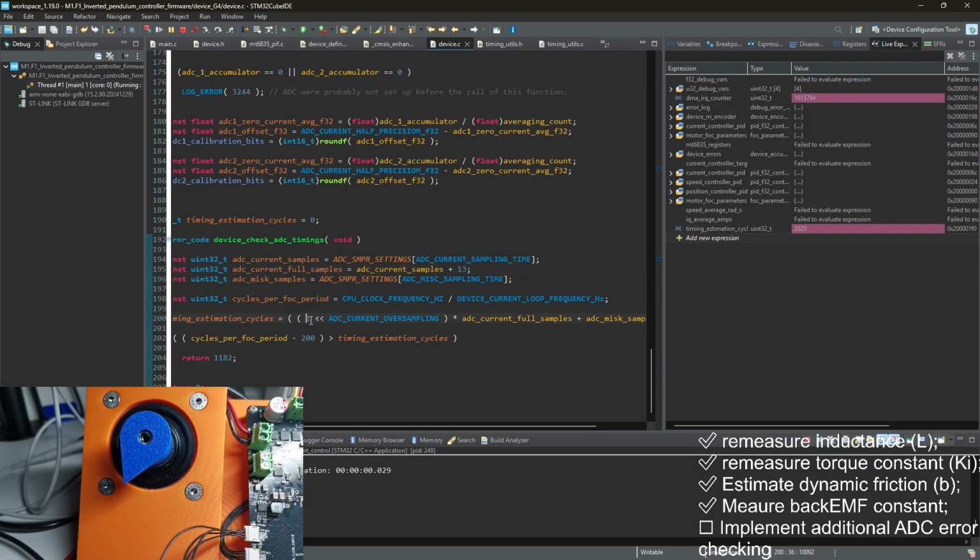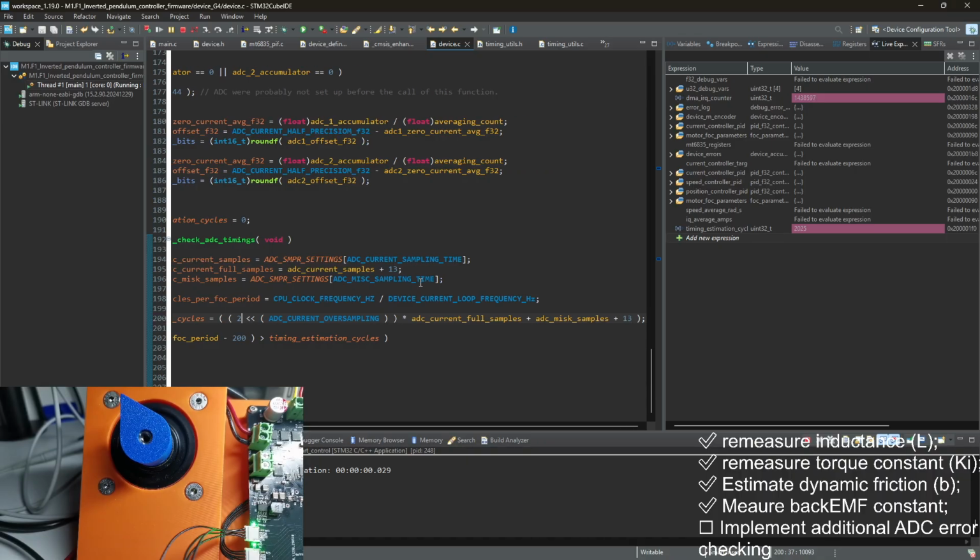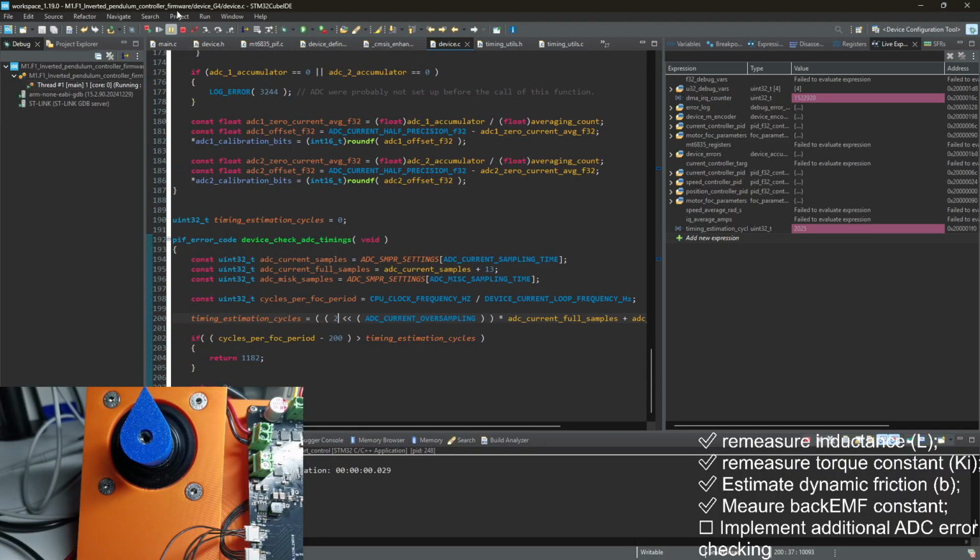And 1 shifted by... Oh, here I need +1. Of course. Right? Shift by 0. Or actually, I can just do it like this. This will work as well. Let's test it again.